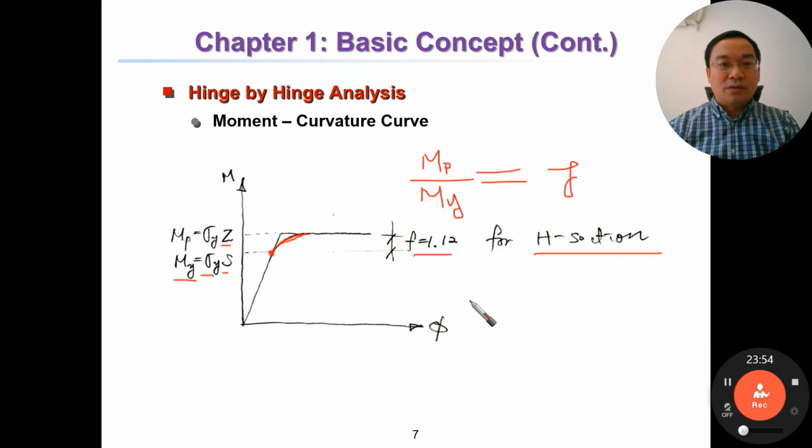We will talk about the effect of the different factors on the behavior of the moment curvature in some next class. But normally it is not an idealized curve like this.